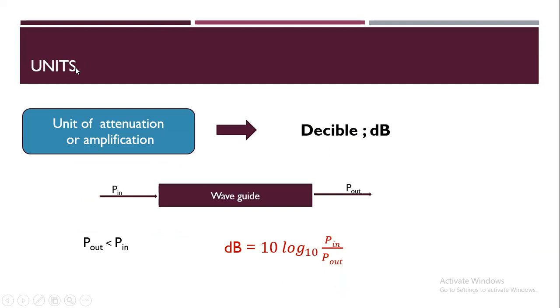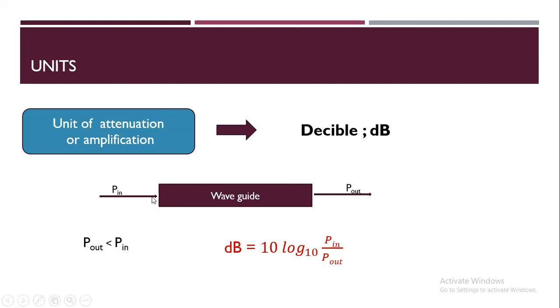Now, when we are talking about the losses, it can be a thermal loss or a radiation loss, which is coming from the source to the cavity and then to the detector. There are some losses, and we calculate them in decibel.